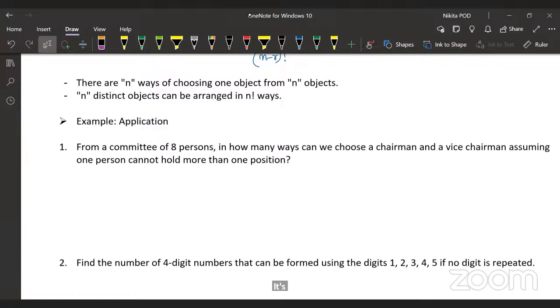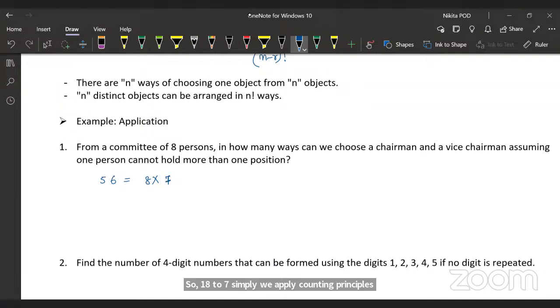How is it 56? 8 into 7. Why is it 8 into 7? Because for chairman we can choose out of 8 people, and for vice chairman we can choose out of 7 people, as we have already made one person the chairman.